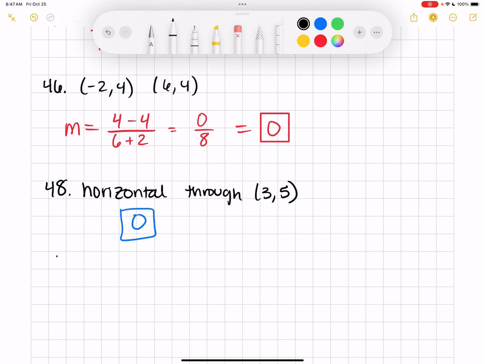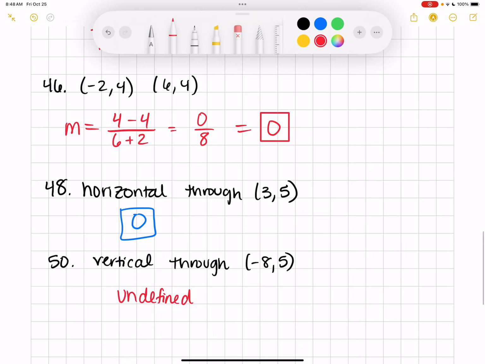Now, 50, it says it's vertical through the point -8, 5. What's true about the slope of a vertical line? Undefined. That one would be undefined because it's going straight up and down.